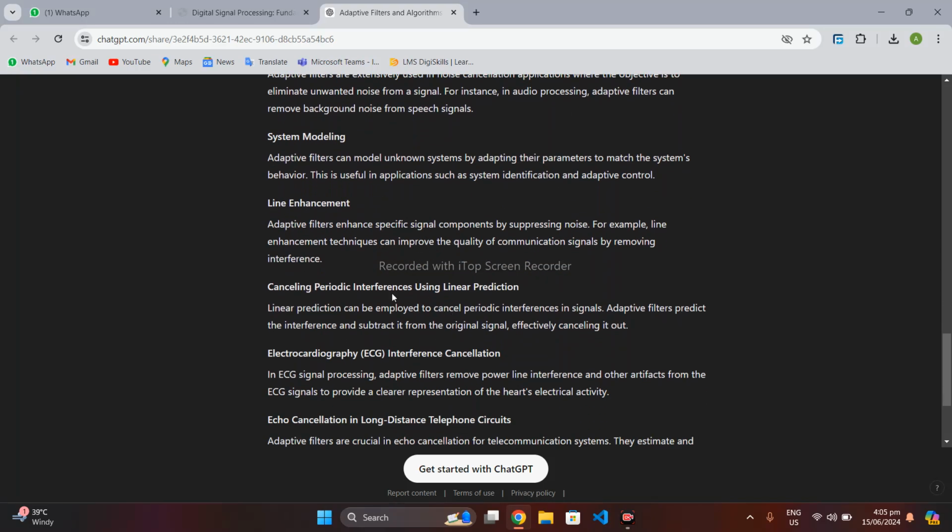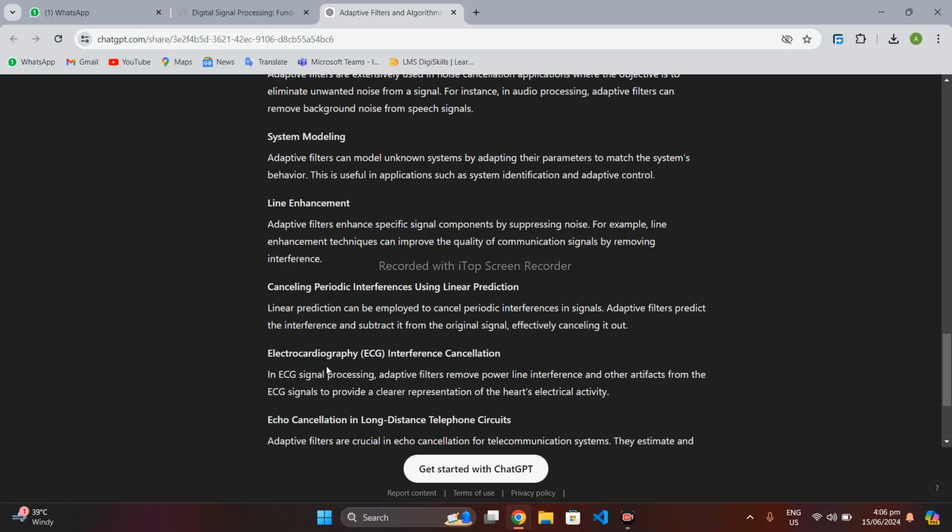So now we move toward cancelling periodic interference using linear prediction. Linear prediction can be employed to cancel periodic interference in signals. Adaptive filters predict the interference and subtract it from the original signal, effectively cancelling it out.